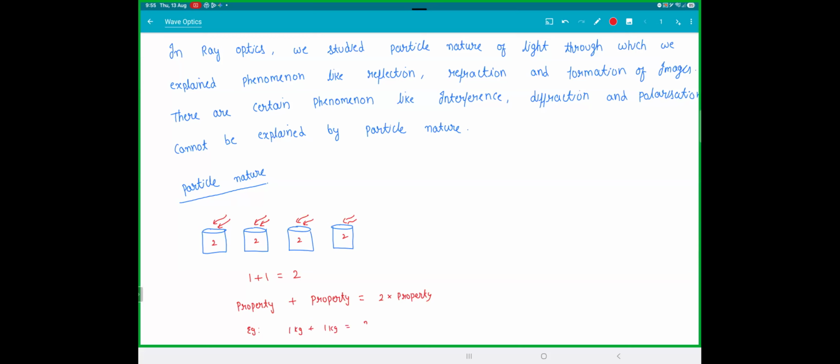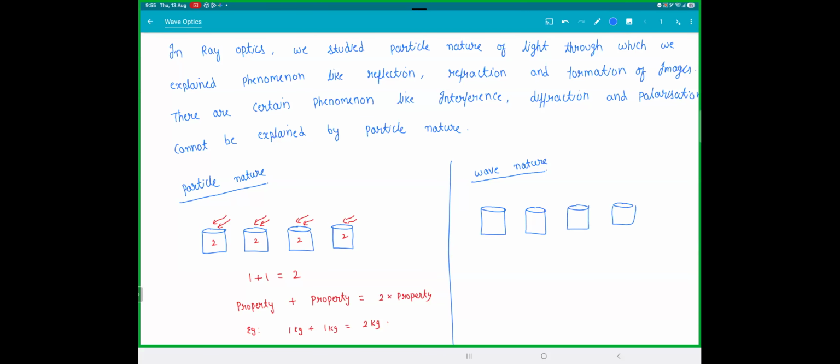What is a wave nature? People observed in nature, sometimes 1 plus 1 is not 2. Instead of particles, if you send a wave, people have observed this thing happening in waves.